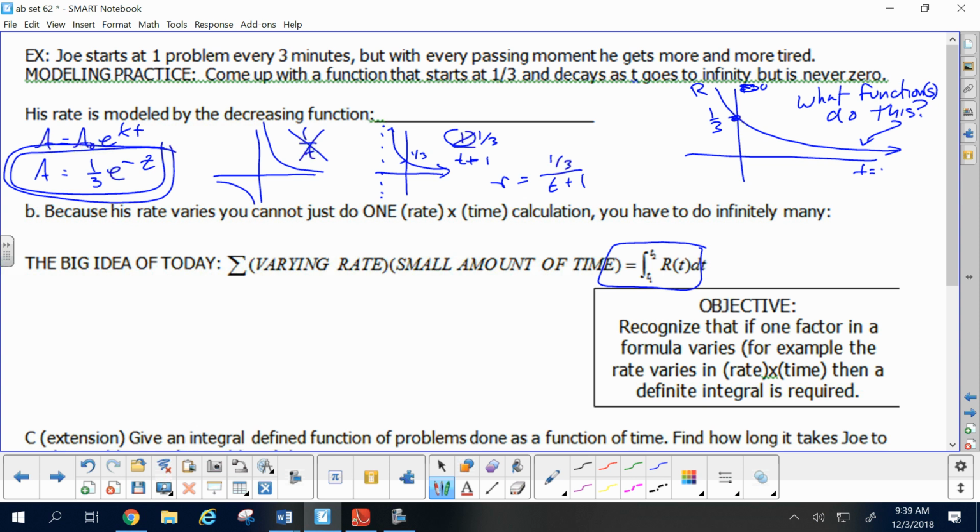So the number of problems, I'll let n equal the number of problems done at time t minutes. The total number of problems done would be an infinite sum of many rate times time calculations.